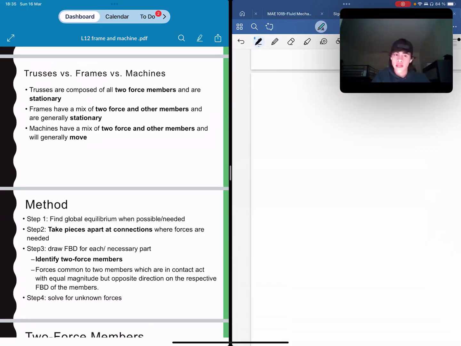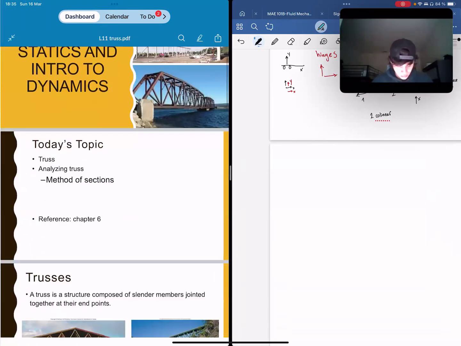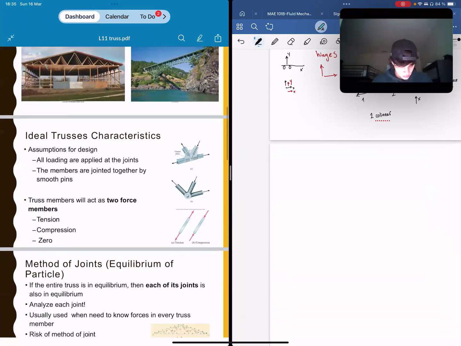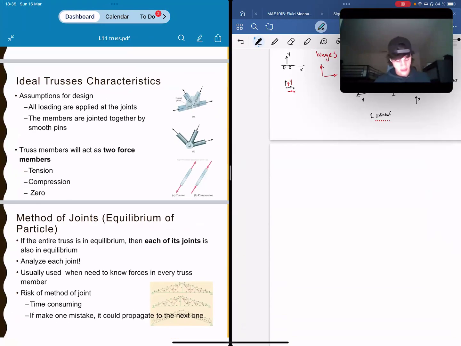Then frames are a mix of two-force members and other types of members. What is a two-force member? It's a member that is receiving a force. A two-force member is a member that is either in compression or in tension. It's one of the two.